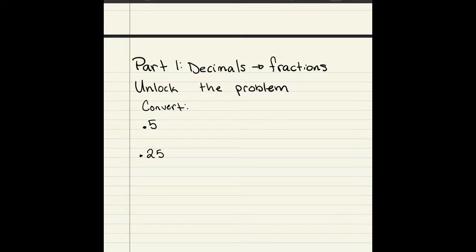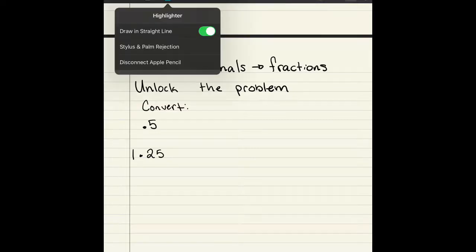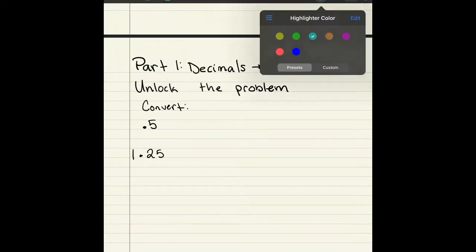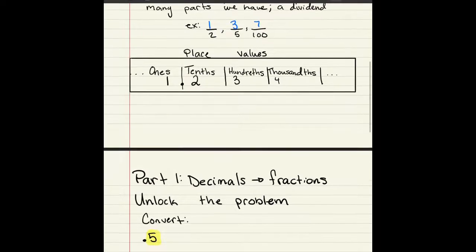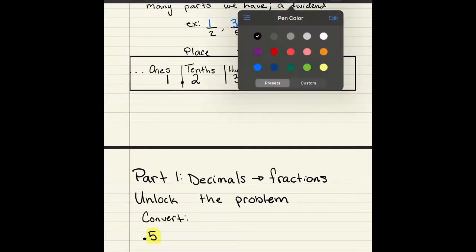Okay, so this is part 1 of our 2 parts for this lesson, and it is turning decimals into fractions. We need to convert 0.5 and 1.25. So for 0.5, the 5 is in the tenths place value.